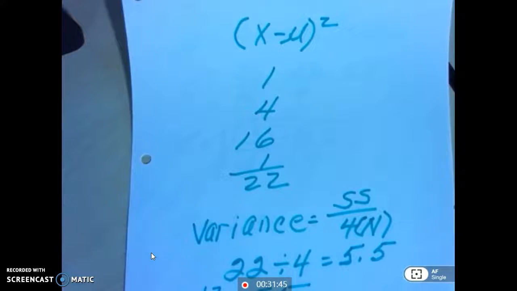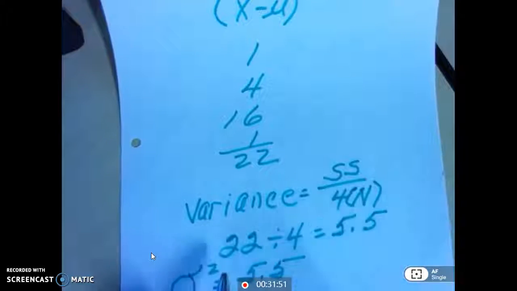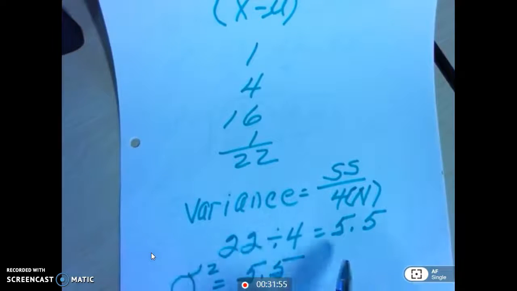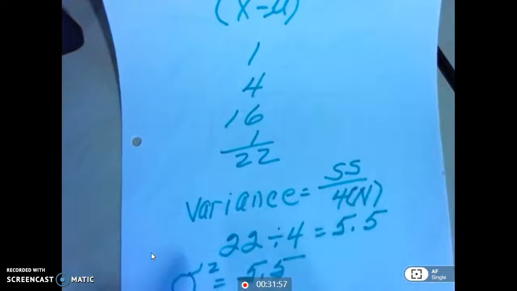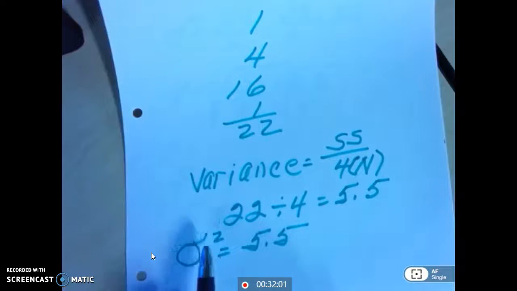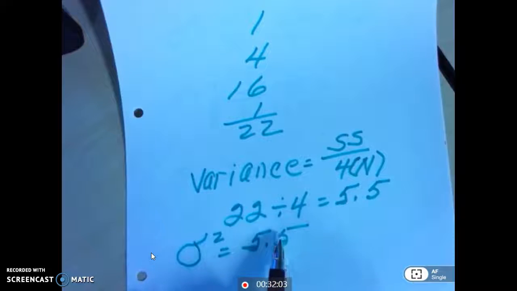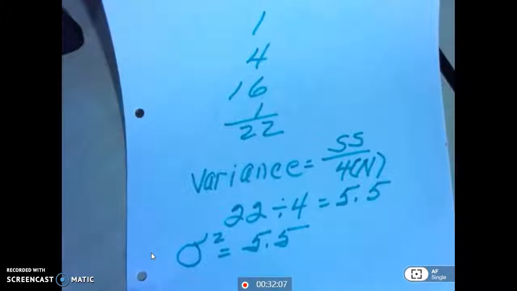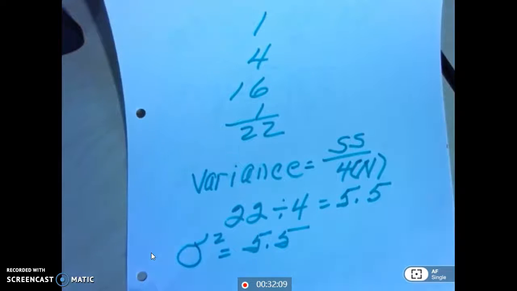But we have 22 divided by 4, excuse me, and that is 5.5. So our variance then is 5.5.